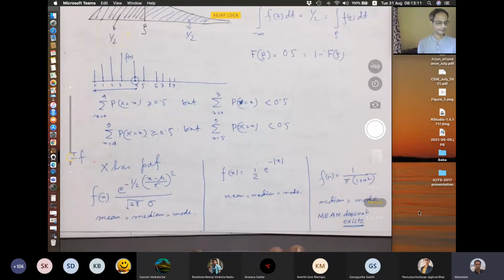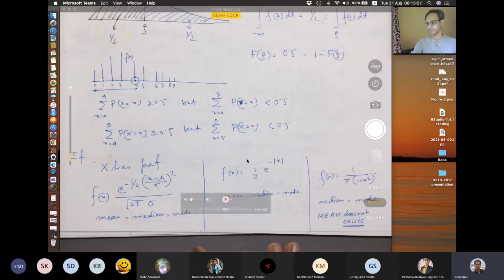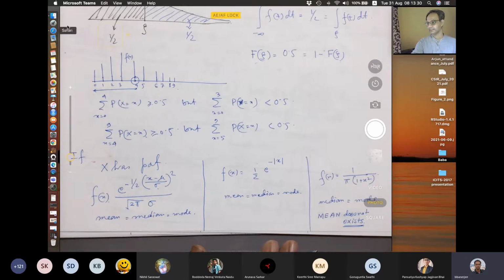Yes, please. Could you please explain how the mean does not exist for the third case? So you have not done that homework, right? Where is it?